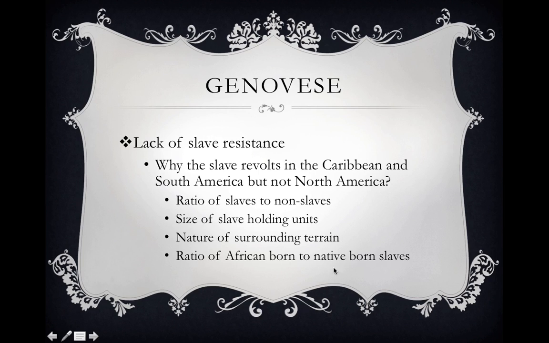And also, most of the slaves in North America were native-born slaves. They had lost any connection to Africa, whereas in the Caribbean, a larger ratio of those individuals were African-born.